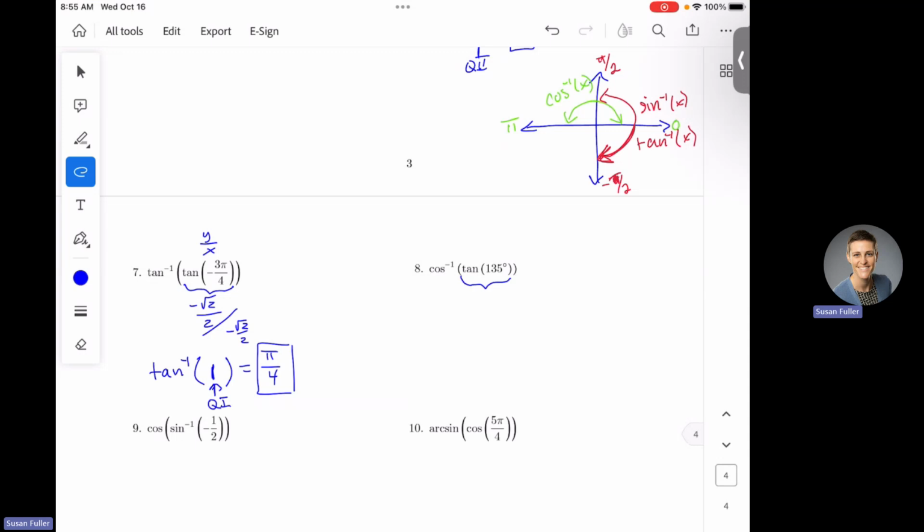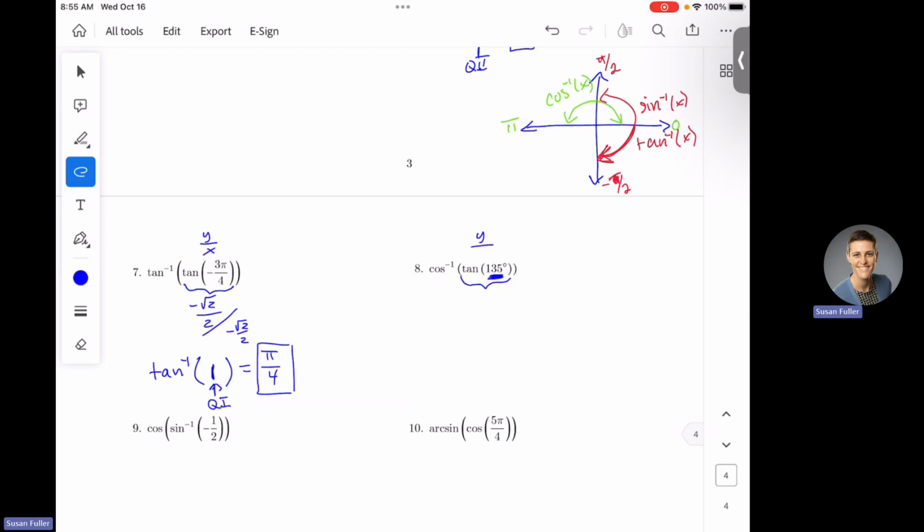So we're going to start on the inside, and we're going to do the tangent of 135 degrees. Tangent is a forward trig function, so we put angles in, right? So we're putting the angle 135 degrees in, and I need to get the tangent value out. So I'm going to go to my unit circle to 135 degrees in quadrant 2.